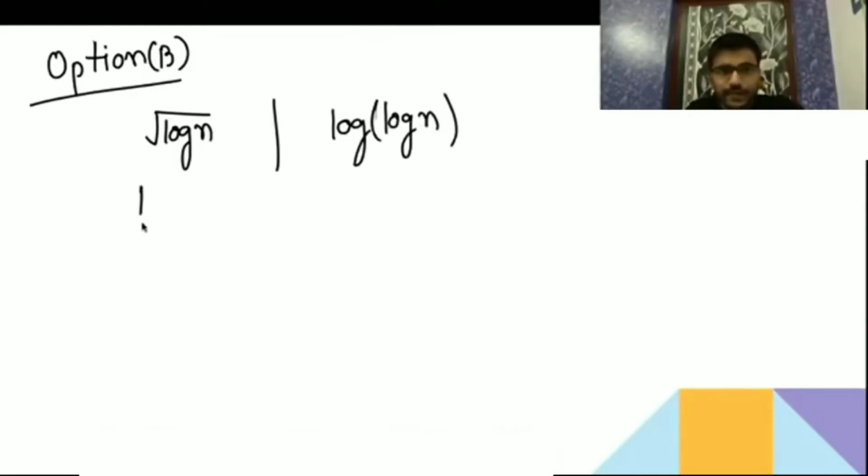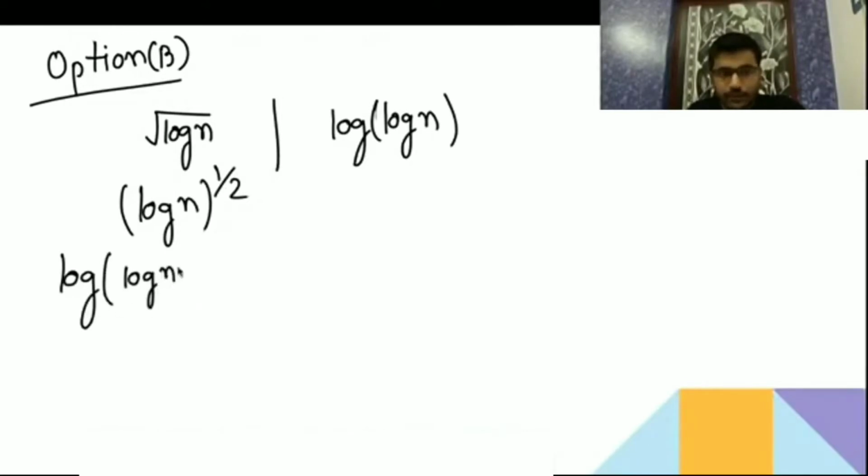So you can write it as log n to the power half. Now you can take log on both sides. Or if you don't want to take log, fine, from this only you can get the answer.